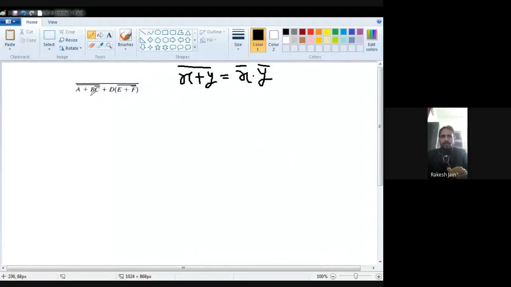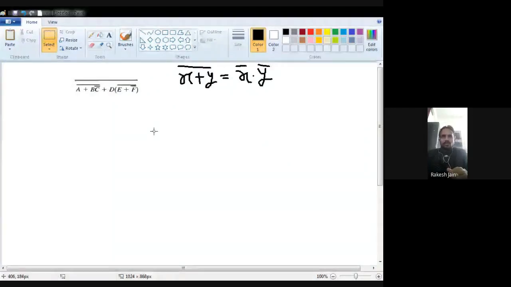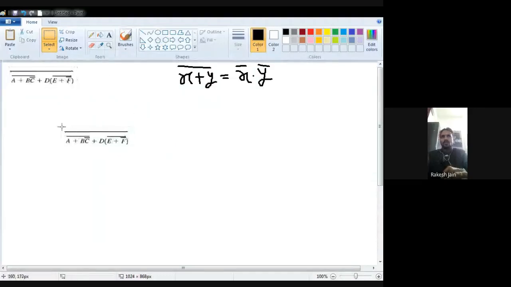On the basis of that, x plus y, so let's suppose this first term in which A bar is there is your x. This one is your question actually. There are two terms, so first of all I just copy this one, and whatever modification I will do here. This is a separate question.